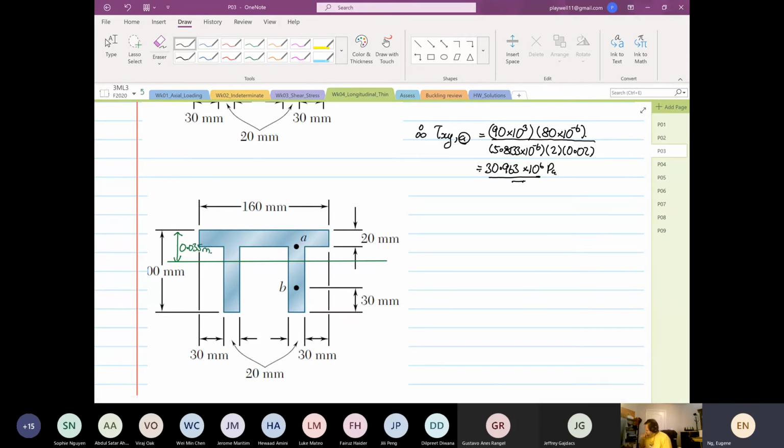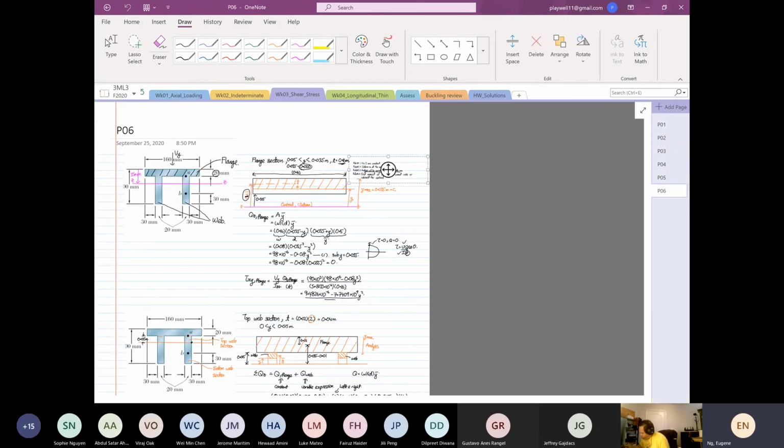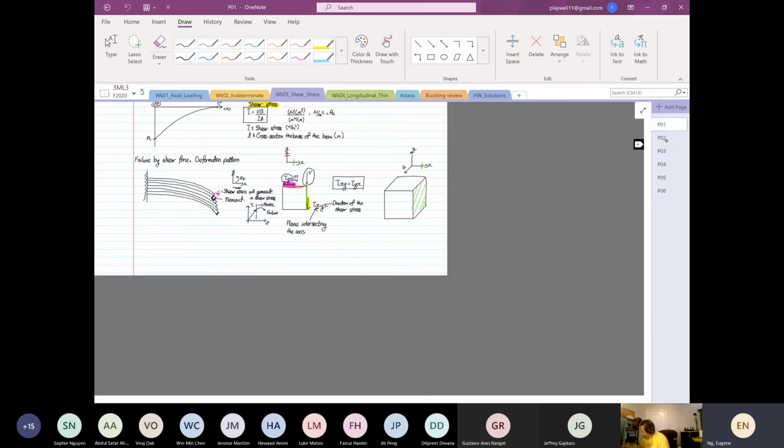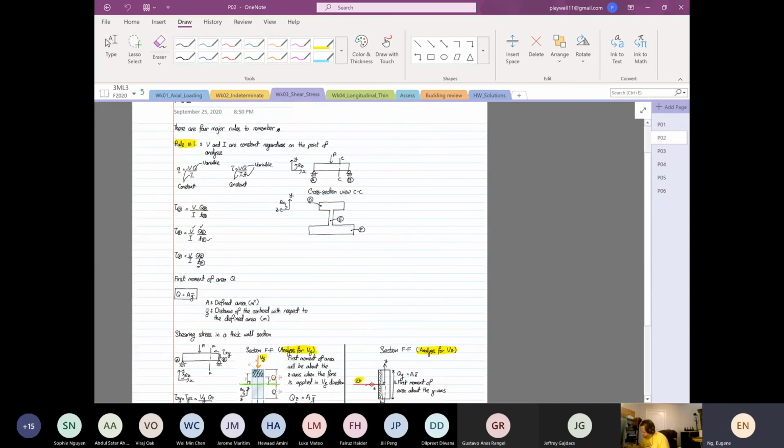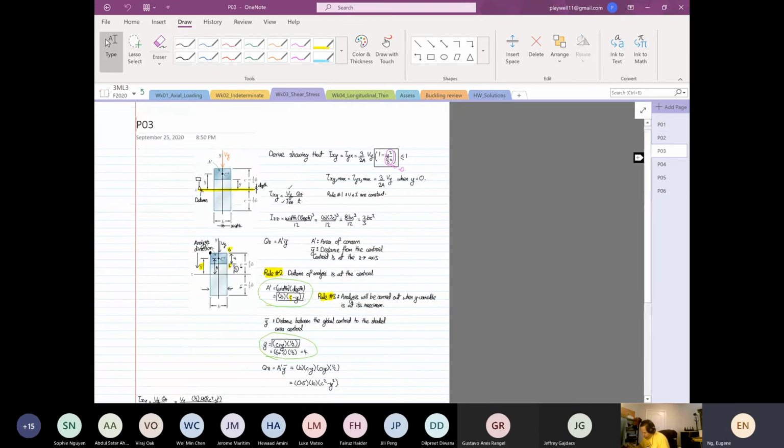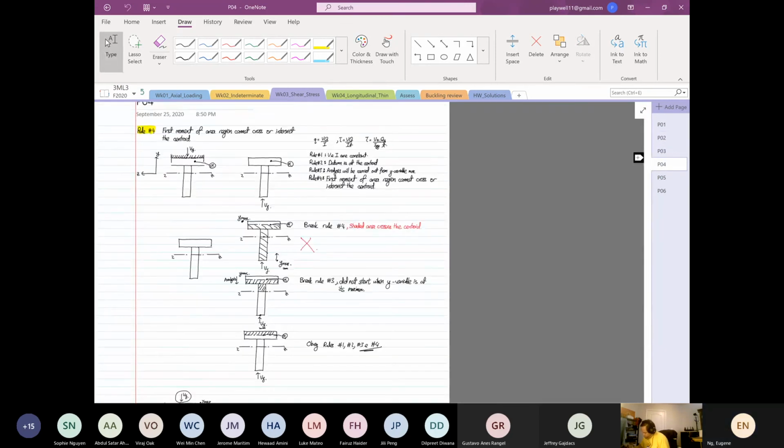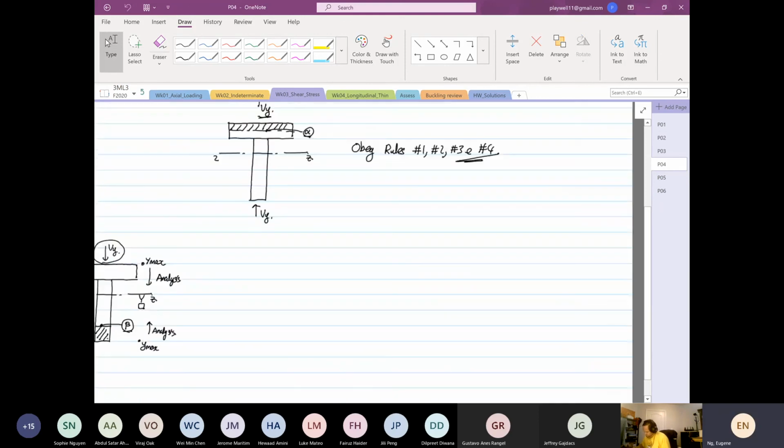Now the area of the point of interest is at point B. So based on the rules that we've created, remember, we drew this last week. I made you guys think about this. Where was it? Was it one of these examples? We did this, yes or no?